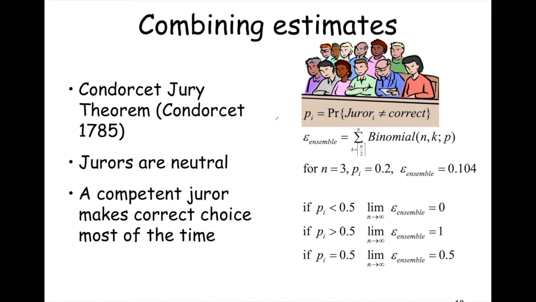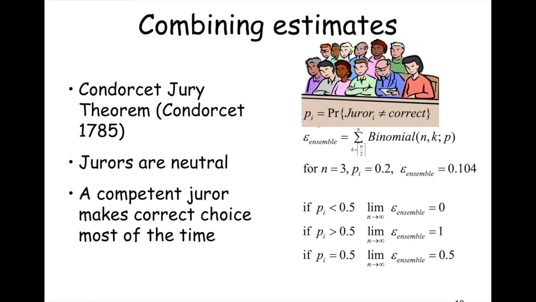Well, if you're in a jury, the person who's on trial is either innocent or guilty. Let's call the competence the probability p_i that the ith juror is not correct. To be competent, a juror has to be correct more than he or she is incorrect, so the probability that they are correct is greater than 50%.